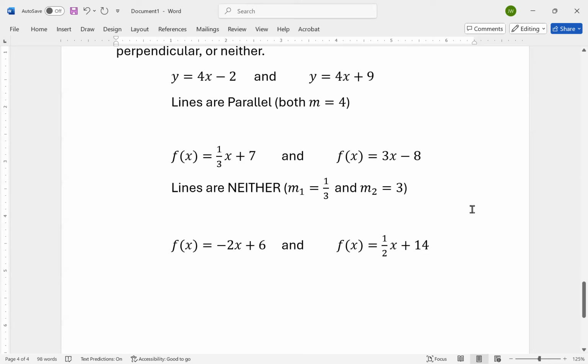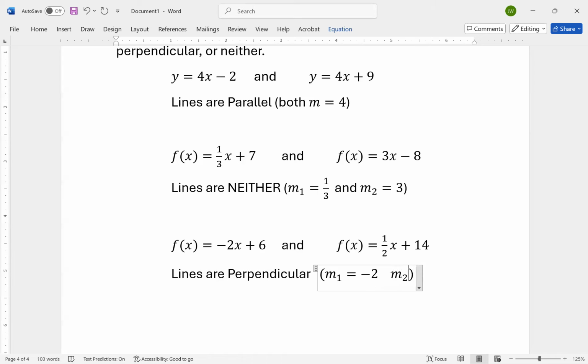This last pair is where the lines are perpendicular. The slope of line 1 is -2, and the slope of line 2 is a positive 1/2. So these two lines are perpendicular; they're negative reciprocals.